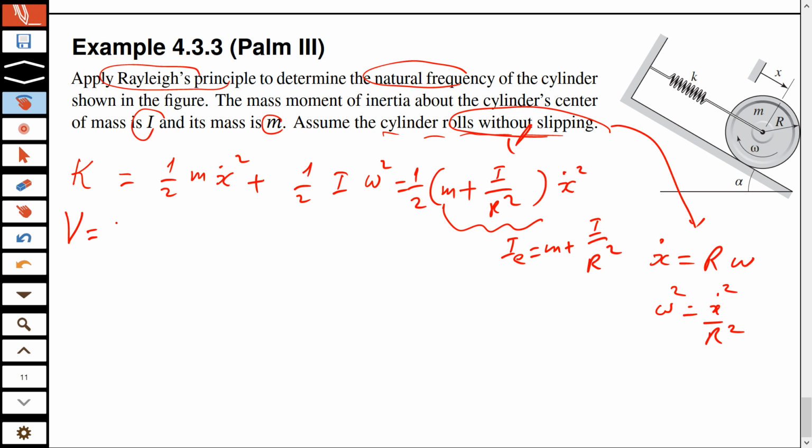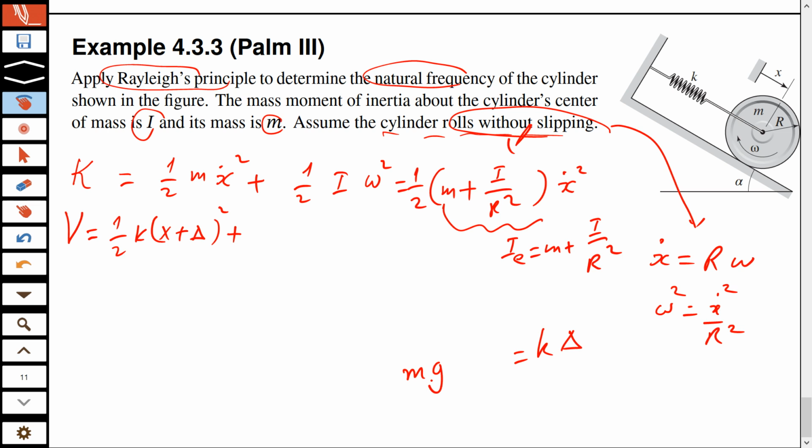is, we start with the spring, so it's half k x squared, and again there will be a static deflection delta. Now that static deflection can be seen to come basically from the weight mg.